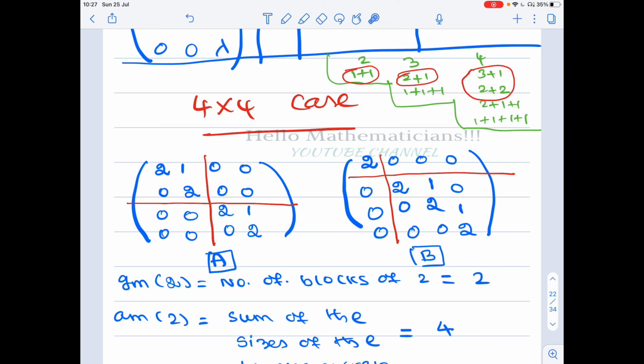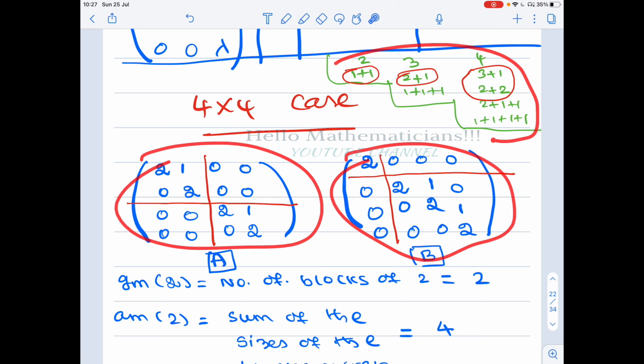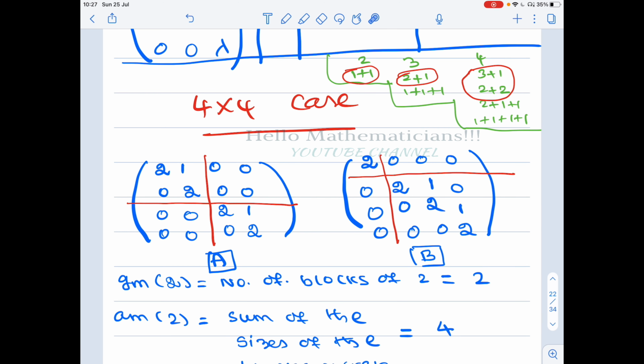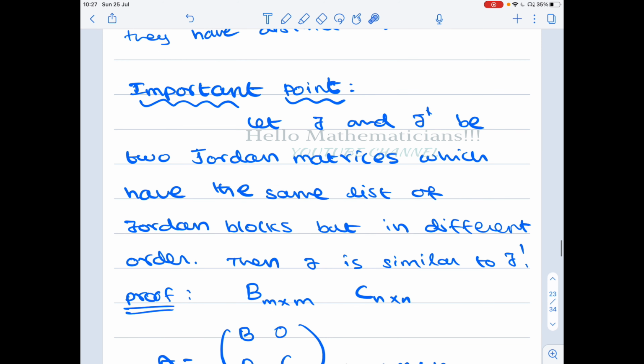Therefore, algebraic multiplicity and geometric multiplicity are not enough to define the Jordan form uniquely. That is our conclusion, and that is why this matrix is important. This partition idea is also important. If you don't understand the partition idea, try to rewind 5 minutes and see it again.